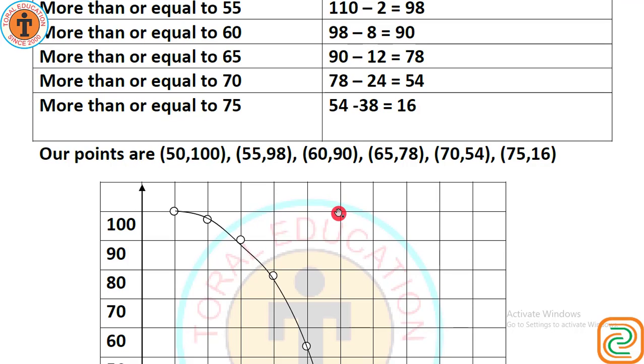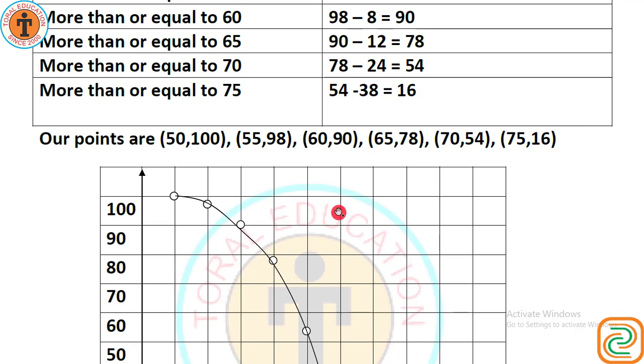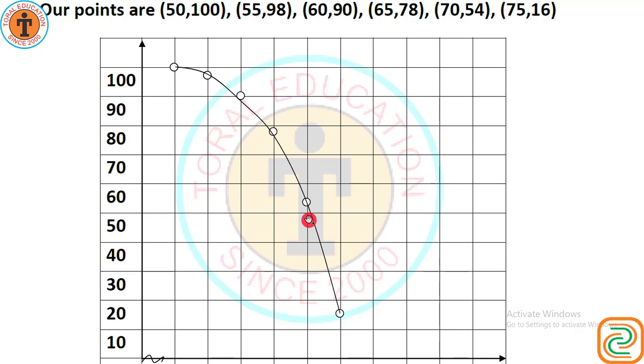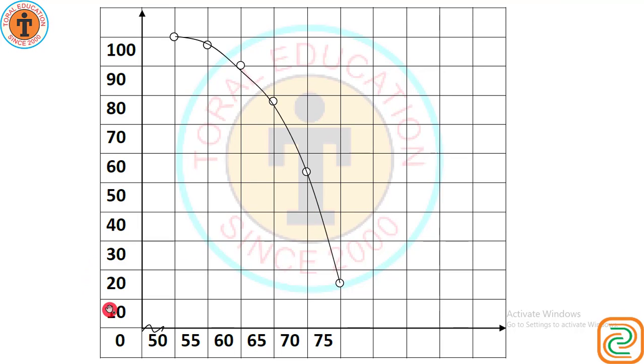Here is the less than type, and this is the more than type ogive. We have taken on the y-axis 10, 20, 30, 40, 50, 60, 70, 80, 90 and 100, because the total is 100. Take the other points, the lower limits, on the x-axis: 50, 55, 60, 65, 70, 75.